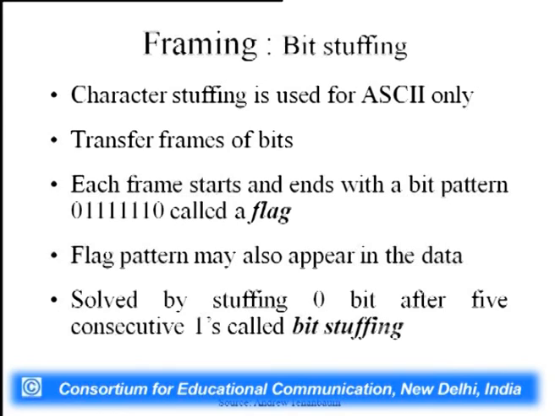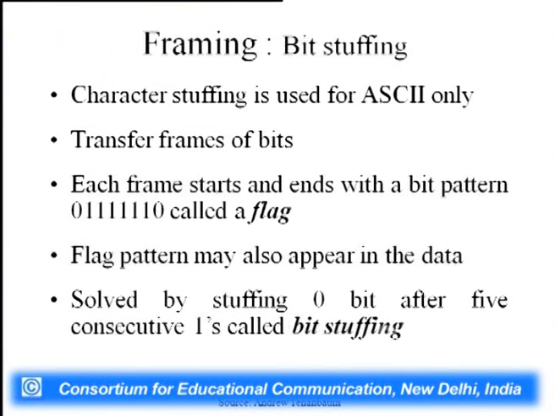So, we assume that a frame rather than a sequence of characters is a stream of bits, and these bits can be converted into characters at a higher level. When the message is interpreted, the bits are converted into characters and the meaning is interpreted. But as far as transmission in the network is concerned, we assume that it is a transmission of bits. If that is the case, then how do you differentiate between two frames?